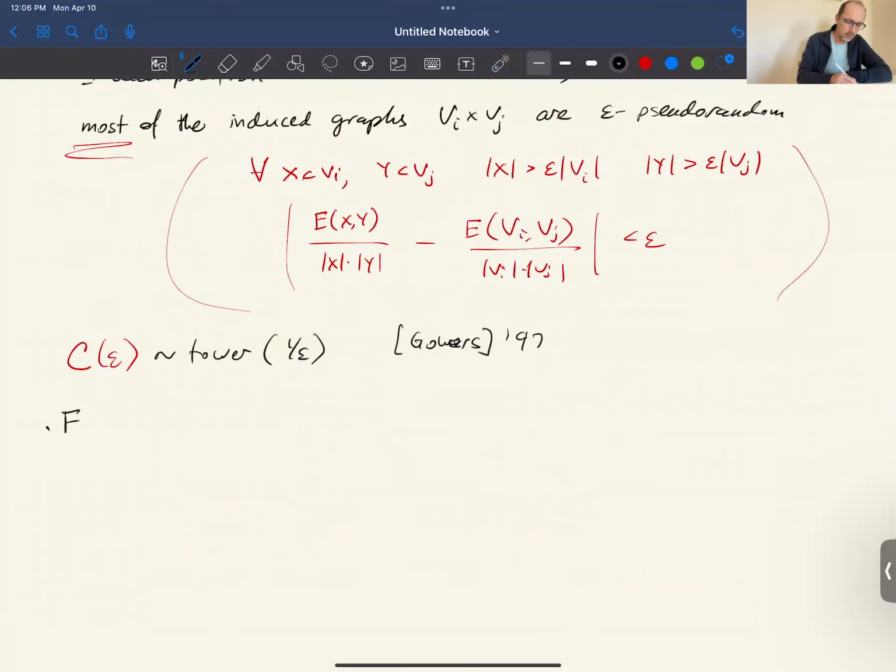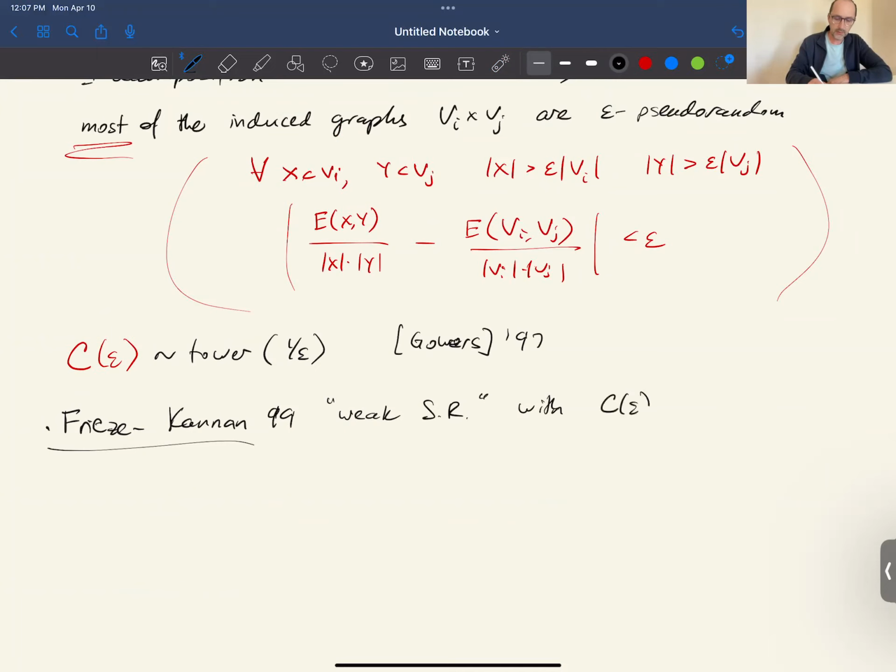But Frieze and Kannan were the first in 1999 to obtain weak Szemeredi regularity lemmas whose conclusion is a little bit weaker, but on the other hand, with a C of epsilon that's nicer. C of epsilon will be just exponential in 1 over epsilon squared, I think, or something like that. We'll state that result.